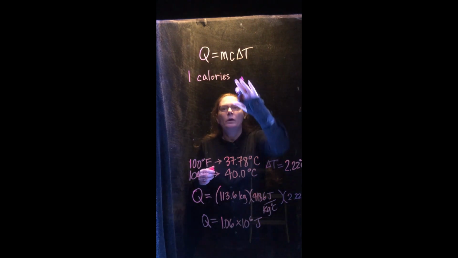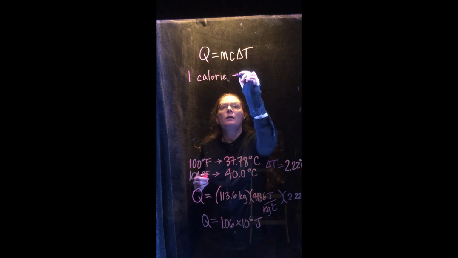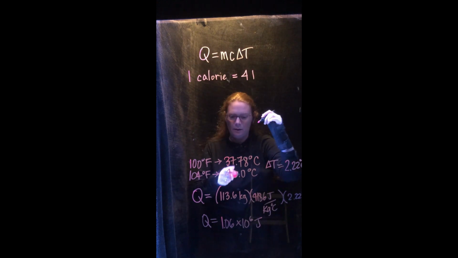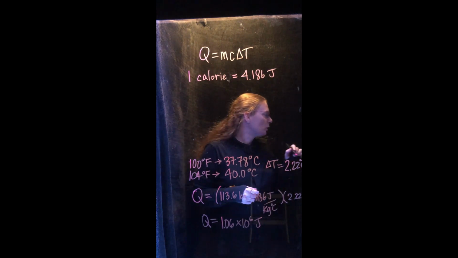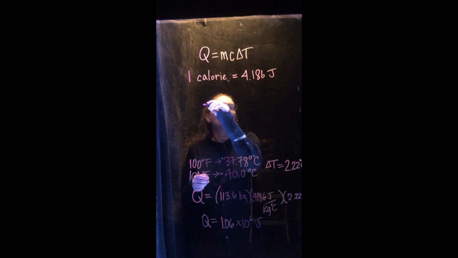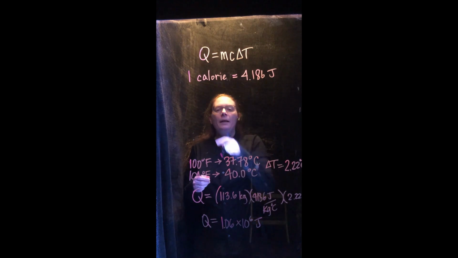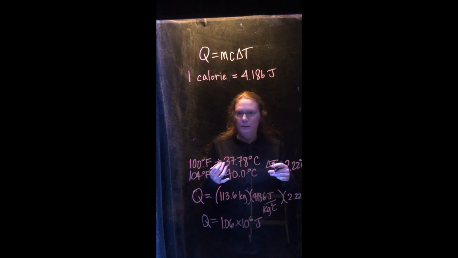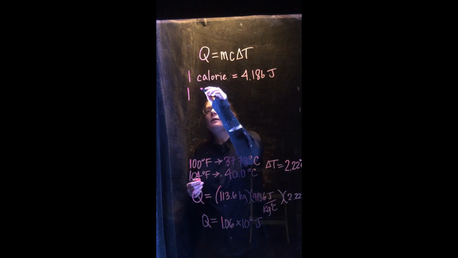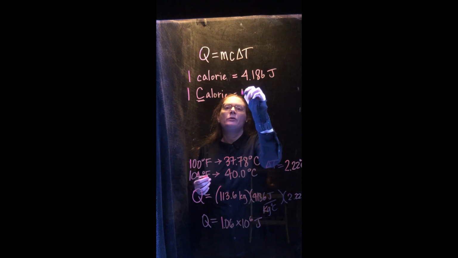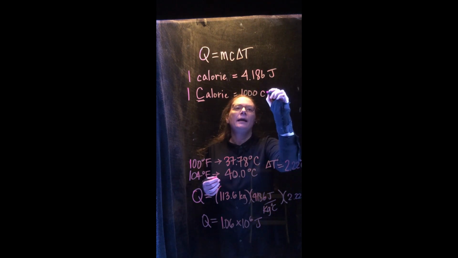And 1 calorie is equal to 4.186 joules. And when we talk about calories, that actually is different than the calories that you see on a nutrition label on some food. 1 food calorie with a capital C is actually 1,000 little calories.